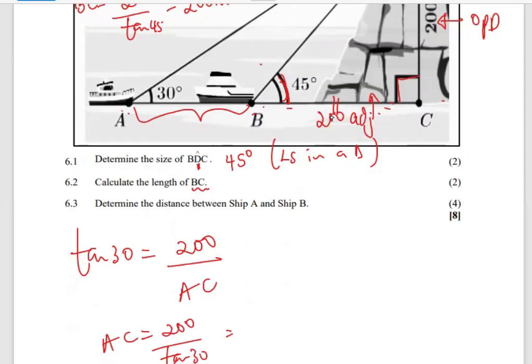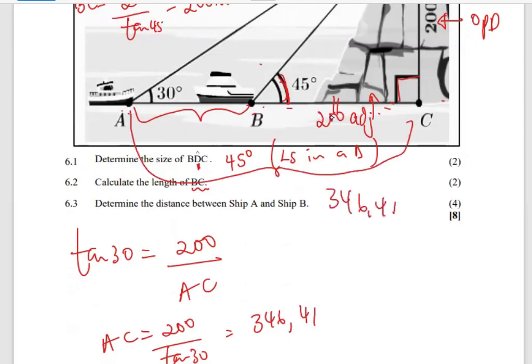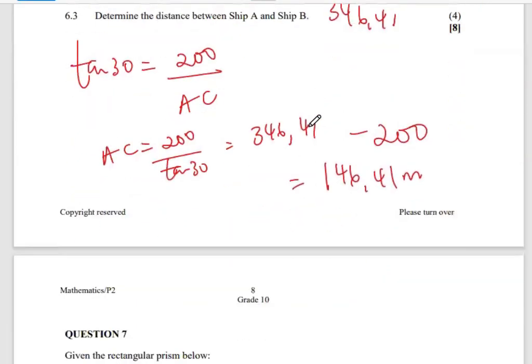We simplify this and say that 200 divided by the tan of 30, I'm getting 346,41. So this is the total distance from there up to there, 346,41. But we need to subtract the 200, and then we shall get 146,41 meters. And then that becomes the distance of interest.